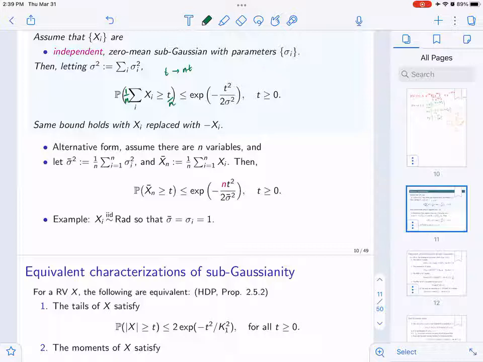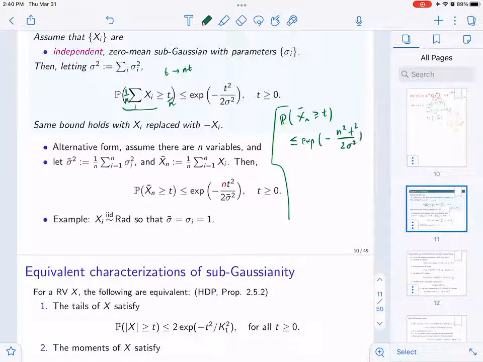If I do that, I get a t here, and then n is squared, t is squared here. So the probability that the sample mean, x bar n, is bigger than or equal to t, I'm changing t to t over n, would be e to the negative n squared t squared over 2 sigma squared.